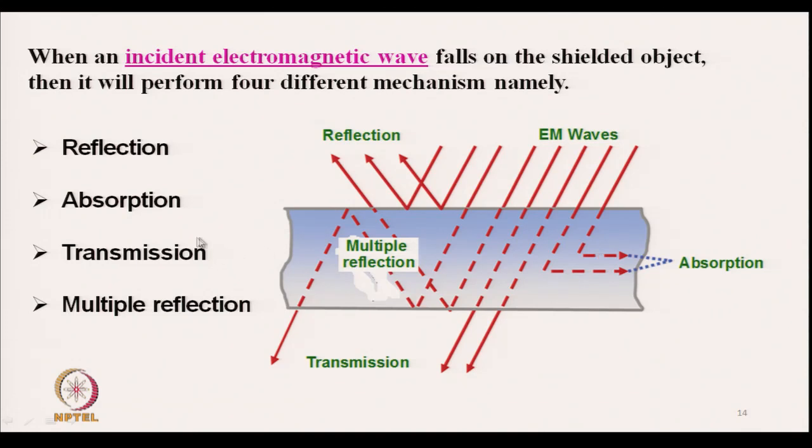They may also get transmitted. So, there will definitely be some transmission. Ideally, for a perfect shielding material, transmission should be 0, and also multiple reflection.